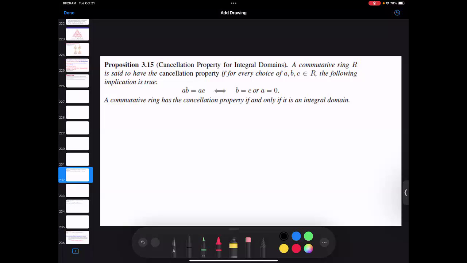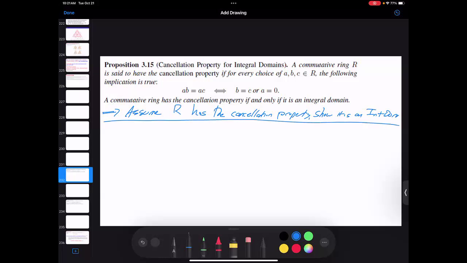Not a hard question. Right to left. So we're going to assume, we'll go in this direction. Assume R has the cancellation property. Show it is an integral domain. So there's a couple of ways we could go.